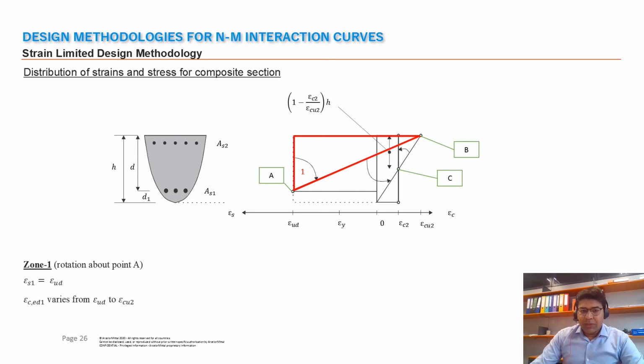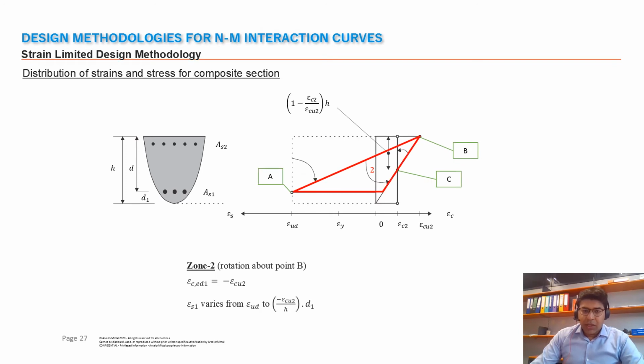In a similar fashion, rotation is carried about point B, where this maximum concrete strain is fixed. So for example, an arbitrary value of 3.5 per mil, and the strains in steel are varied from epsilon UD to a point between 0 and epsilon C2.